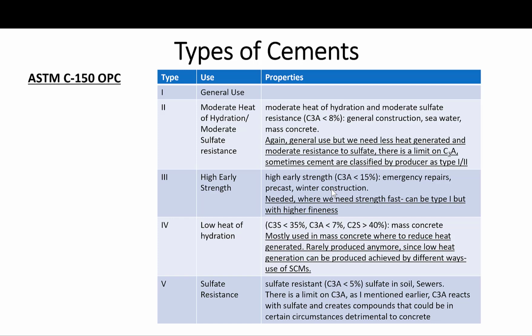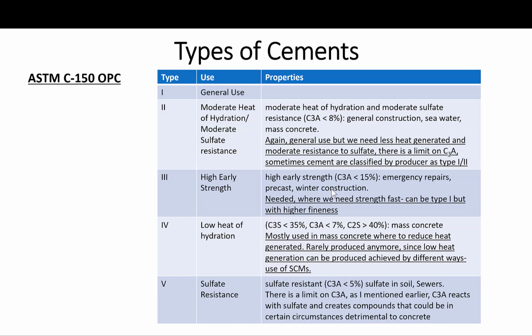This though can be type 1, but ground to higher fineness. If you remember, I talked about the fineness. Grinding to a higher fineness costs money. It's very expensive, so this cement type is also expensive as a result. So using this should be really considered with care.